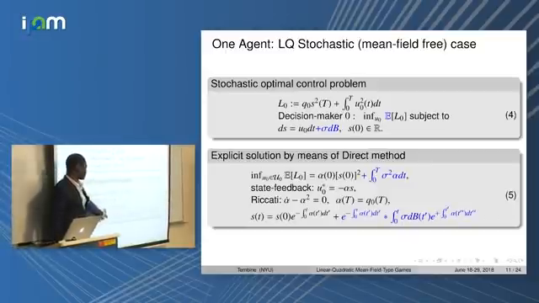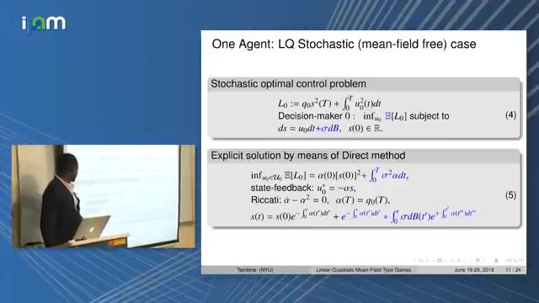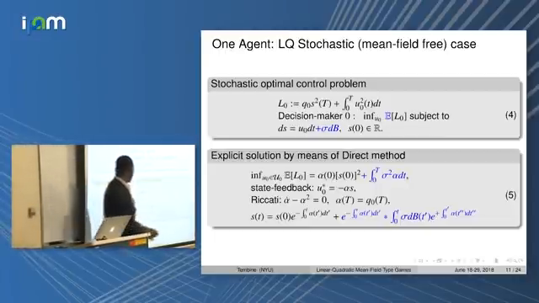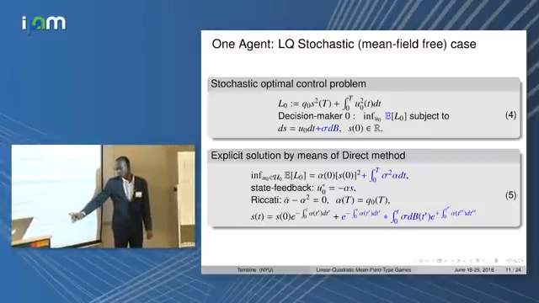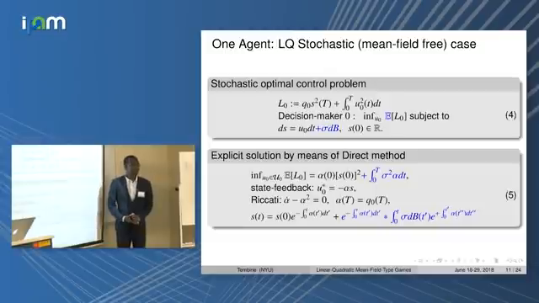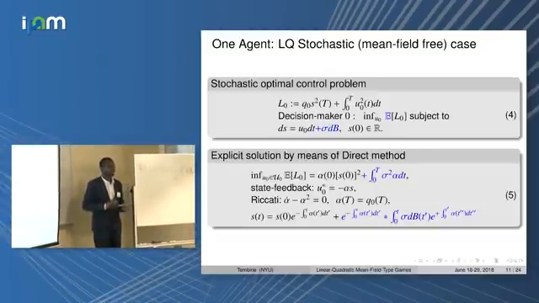Alpha is solved offline. You don't need anything to run this alpha, and we have solved this alpha explicitly, by the way. So the state is now stochastic with this extra term here because of the Brownian motion. Okay? So explicit.